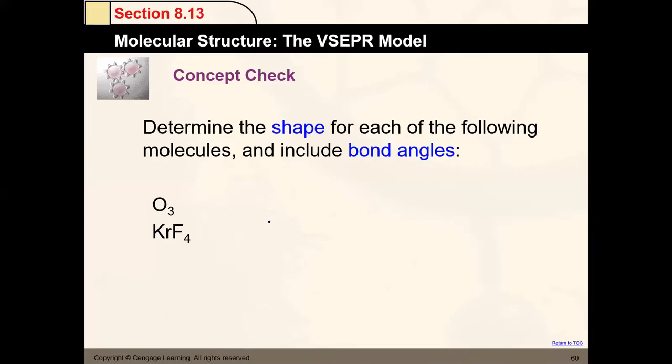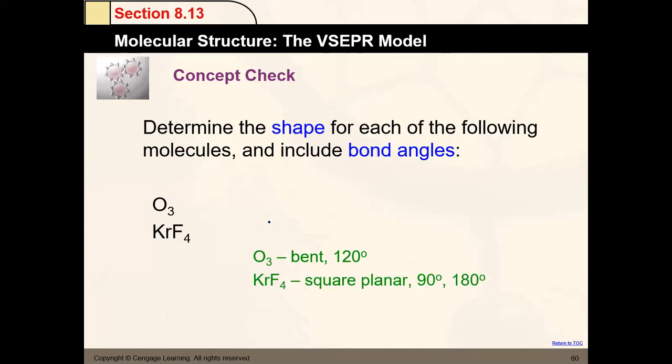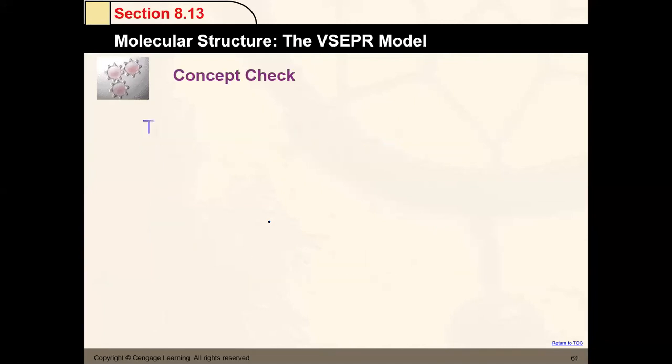It should be square planar. Ozone should be bent because ozone looks like water. Ozone is bent 120 degrees and krypton should be square planar. Yeah, 90 degrees on the plane, right? And 180 degrees between the 2 lone pairs of electrons.